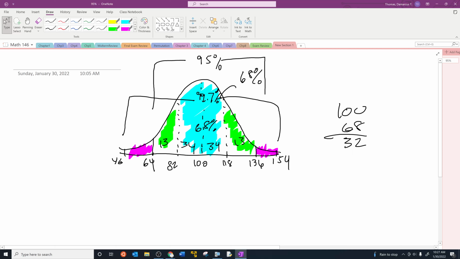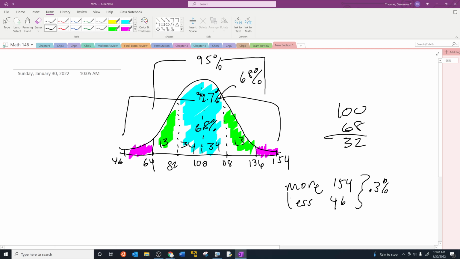So again, these two portions, more than 154 and less than 46, account for 0.3%.